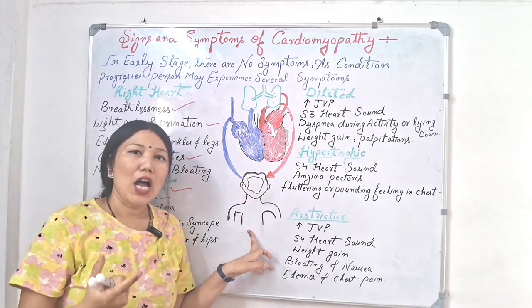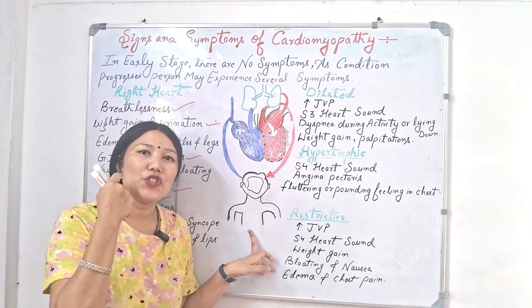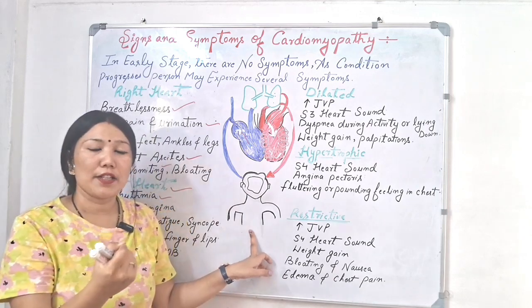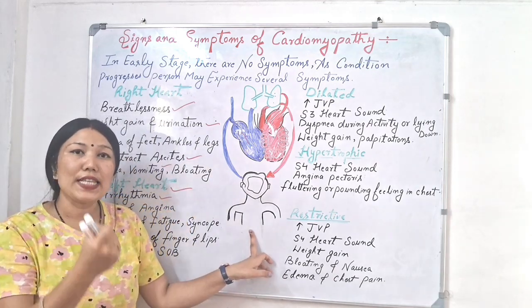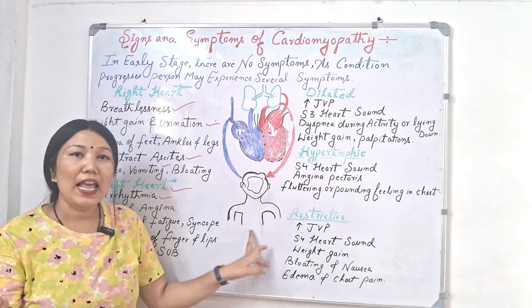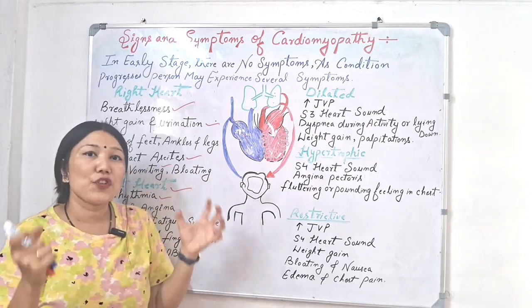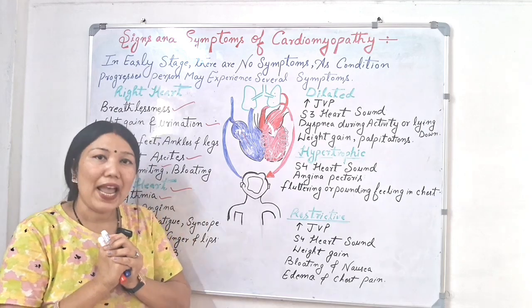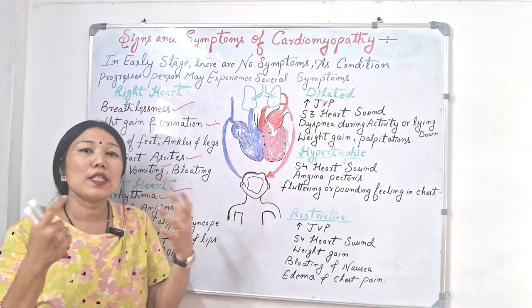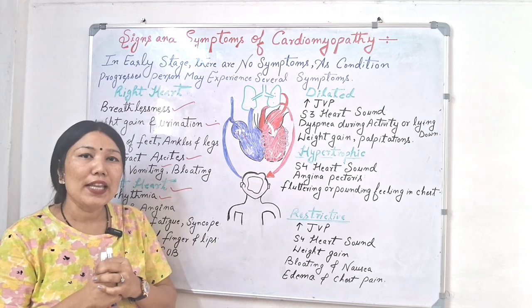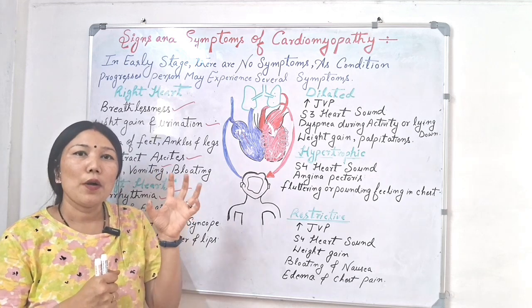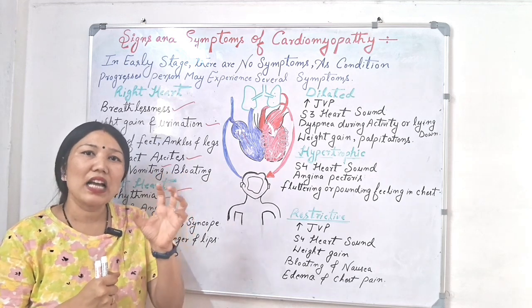So what will happen? Our sympathetic nervous system will be activated, and our RAS system, the renin angiotensin aldosterone system, will also be activated. Both systems create extra pressure and extra effort on our heart, and the heart tries to cope with this condition by contracting more and increasing the heart rate.